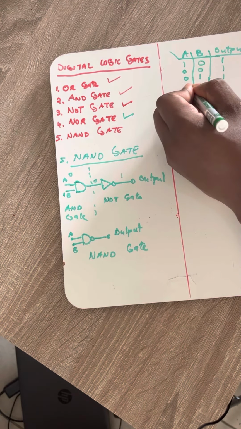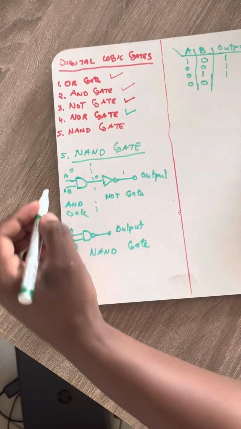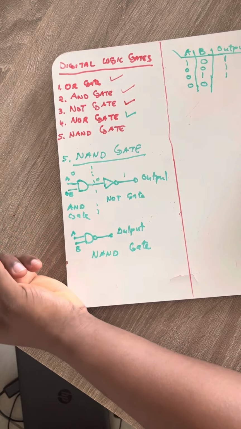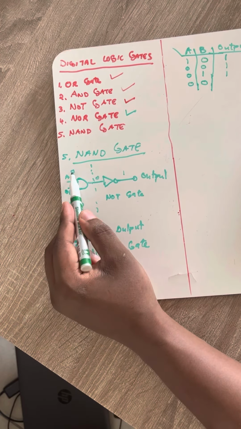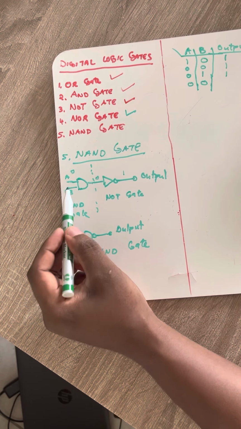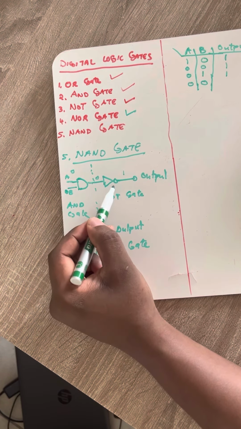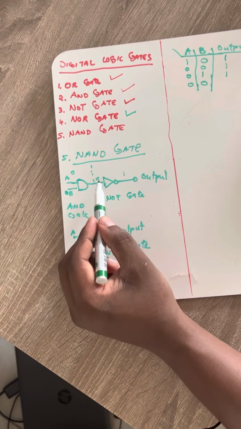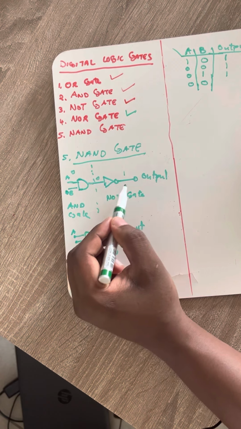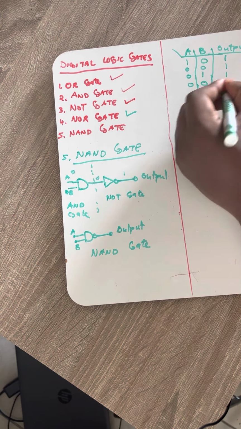So in the case where A is 0 and B is 0, A times B, which is 0 times 0, will be equal to 0. And then on the output, it will invert 0 on the NOT gate, so we're going to have 1, right?